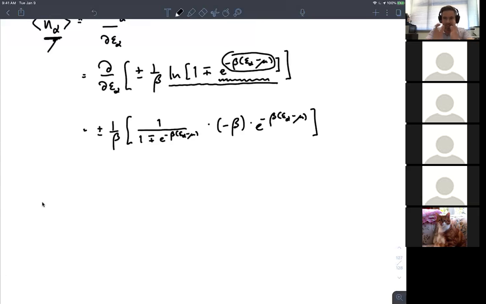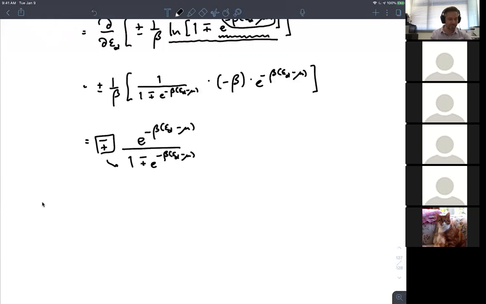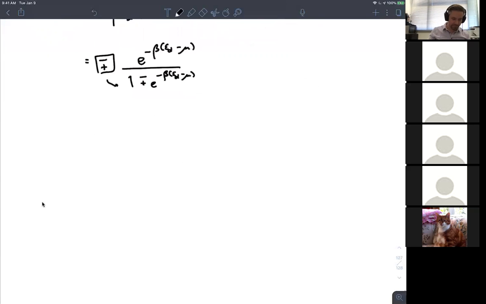Again, you do a little algebraic massage to clean it up. You get minus plus e to the minus beta epsilon alpha minus mu over 1 minus plus e to the minus beta epsilon alpha minus mu. Then I'm going to take my minus and plus signs out front and absorb them into the denominator.